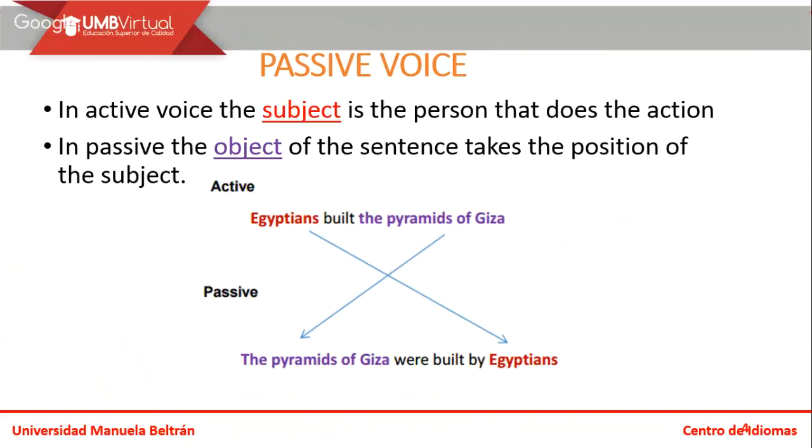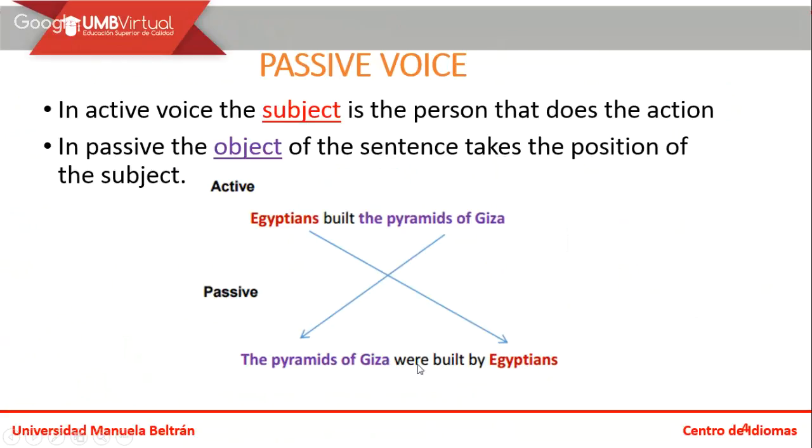Como tenemos acá el pasado simple, en el caso de la voz pasiva, vamos a colocar no solamente este verbo que de hecho se escribe de la misma manera, pero aquí en esta parte va en pasado participio. Entonces, ¿cómo sabemos que un verbo va en pasado participio? Porque hay una lista de verbos que nosotros encontramos en internet, donde primero tenemos presente, luego pasado y luego pasado participio. Entonces, esa última lista la vamos a tener muy en cuenta para la voz pasiva porque va a ser delimitante. All right? So, the pyramids of Giza were built by Egyptians.